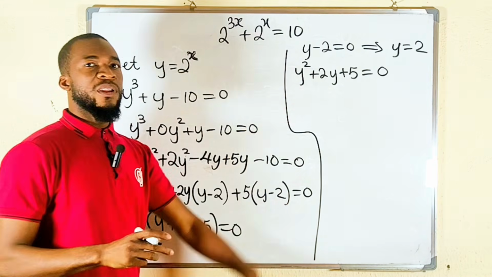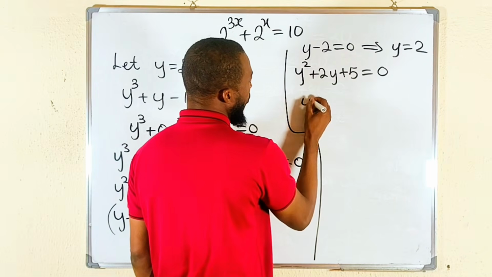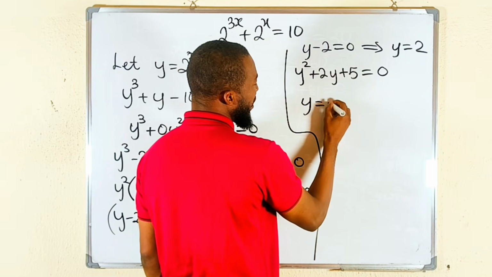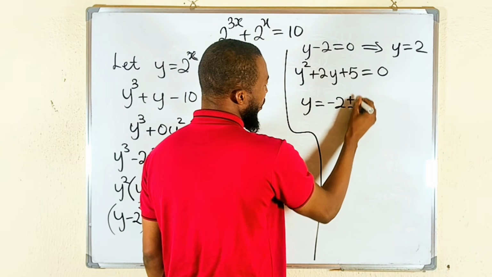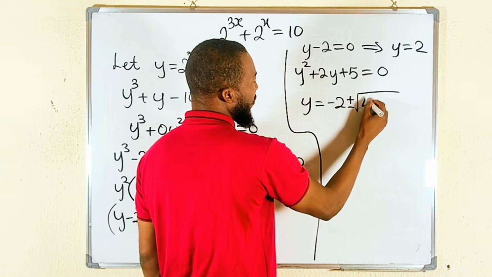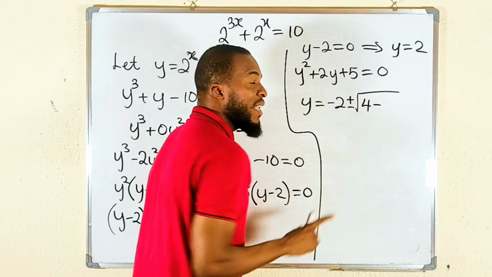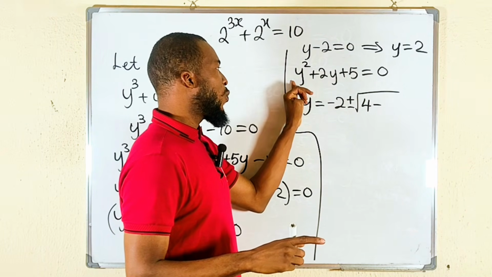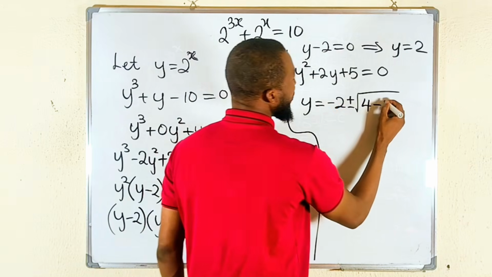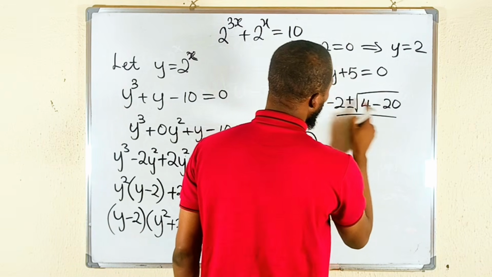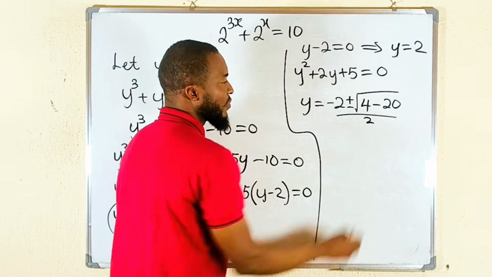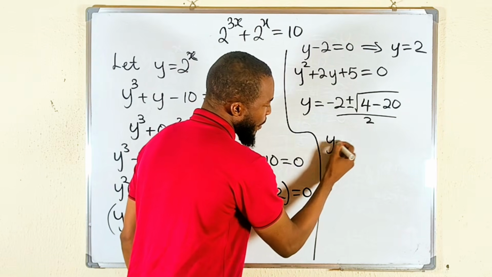How can we solve this one? Let us use the general formula. Y will be equal to minus b, that is minus 2, plus or minus the square root of b squared, which is 4, minus 4ac. 4 times 1 times 5 is 20. Divided by 2a, 2 times 1 is 2. I want to do that mentally.